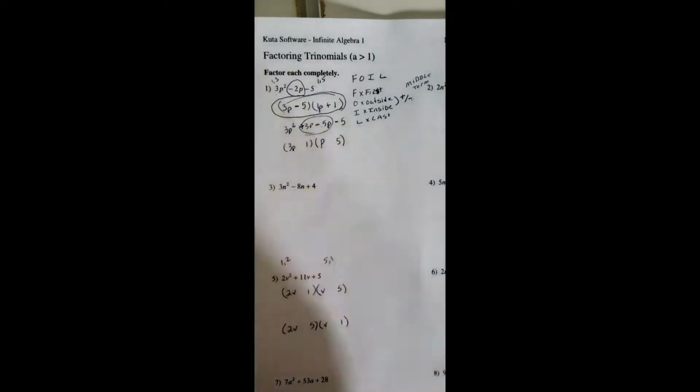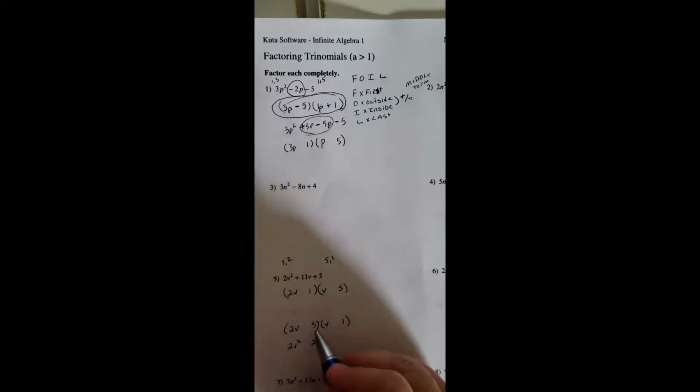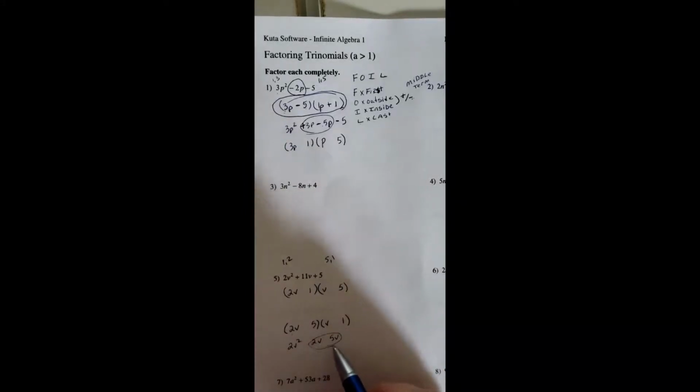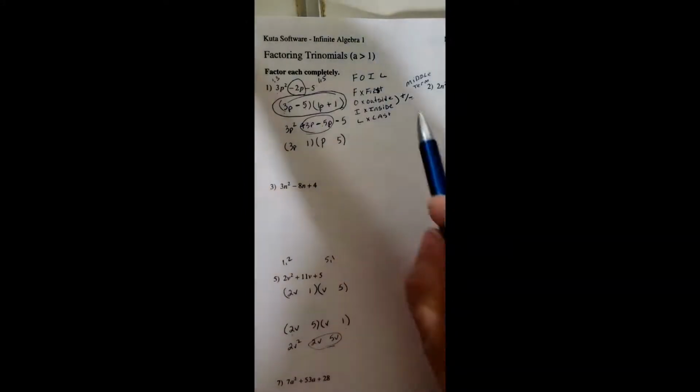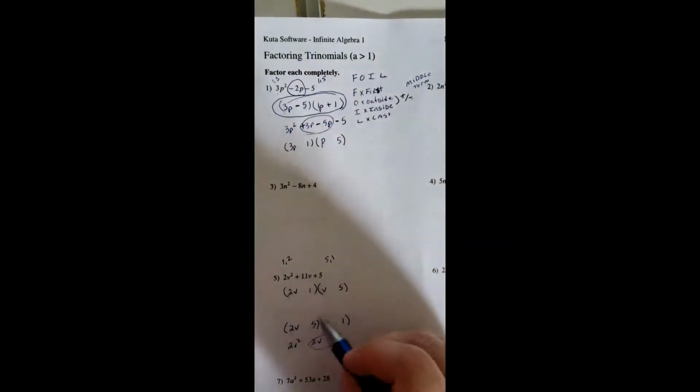What did we get? Let's try this one. So first times first is 2v squared. Outside times outside is 2v. Inside times inside is 5v. And I can already say that I'm never going to add or subtract those to get 11. So this one's already out.